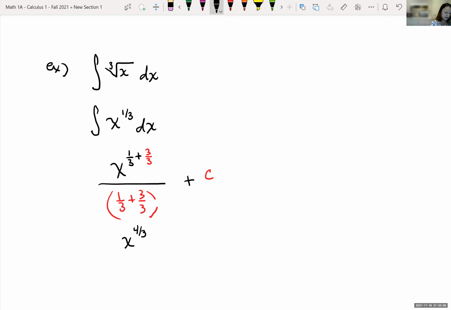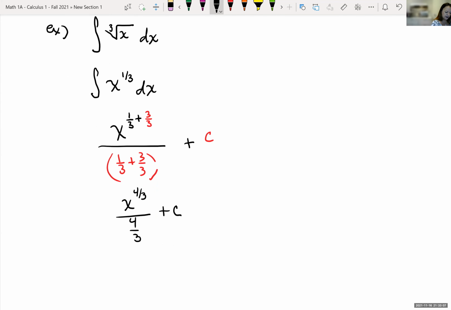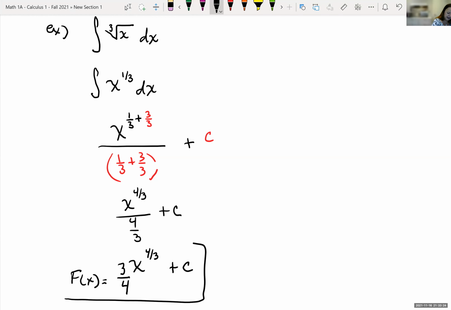So that means I'm dividing by a 4/3 plus c. So x to the 4/3 times the reciprocal of our denominator. So my coefficient in front is really just 3/4 plus c. So my antiderivative of the cubed root of x is equal to 3/4 x to the 4/3 plus c.